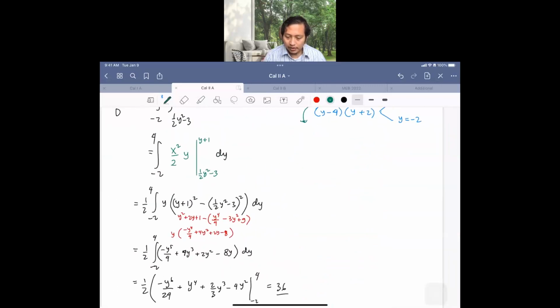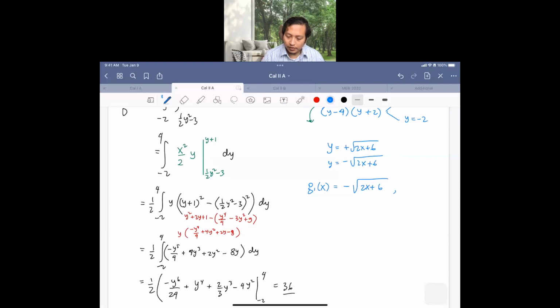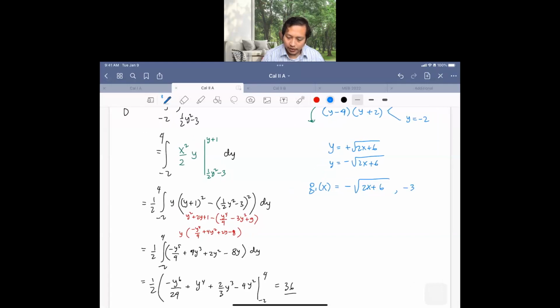So if we take the y, for example, if we have plus 2x plus 6 and then minus 2x plus 6 for this y, then we would have, at least for the first functions, for function of x, let's imagine if we have this negative, then this will be from negative 3 to negative 1.